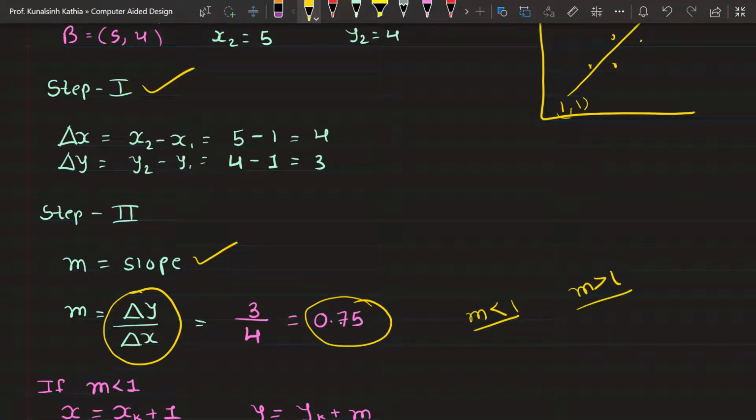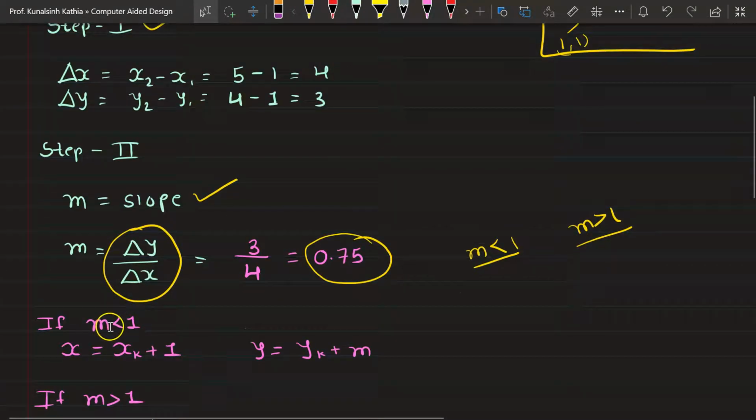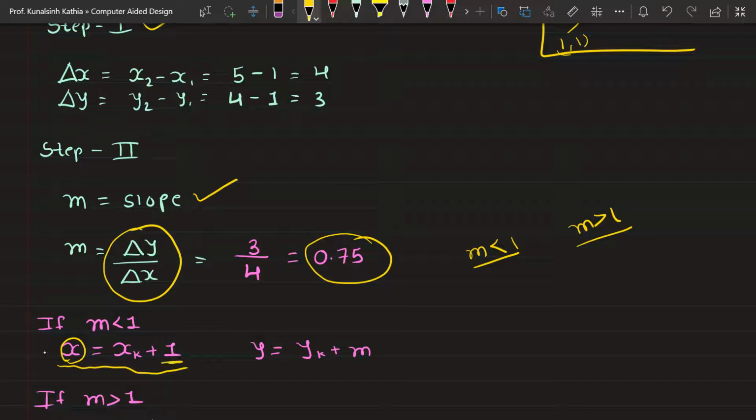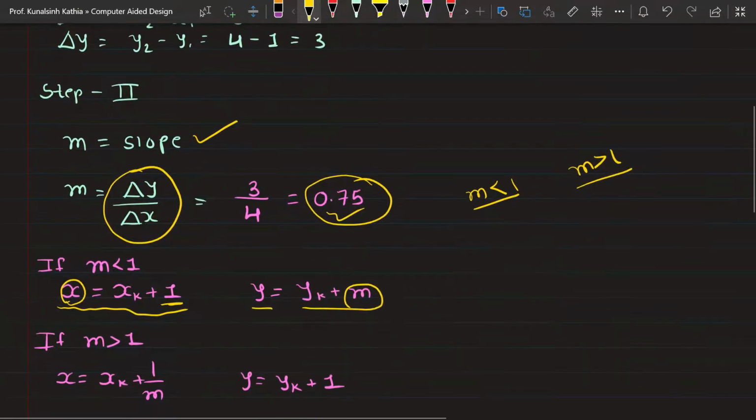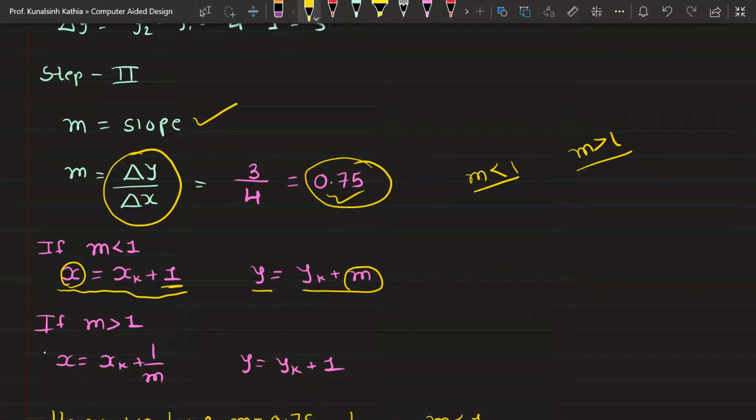If m is less than 1, then this equation is preferred: in the x value you always add 1, and in the y value you add m. Inversely, if m is greater than 1, then in the x value you add 1 by m, and in the y value you always add 1.